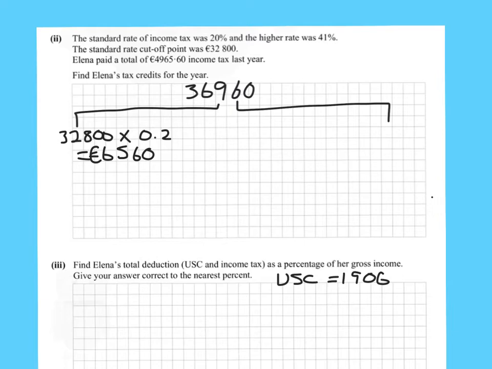And then for the second part of my tax, I'm going to get 36,960 minus that 32,800, because I want to find out how much I'm going to tax at 40%. So when I do that, I get 4,160.